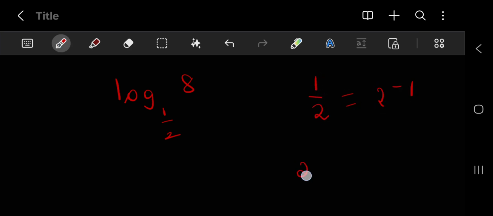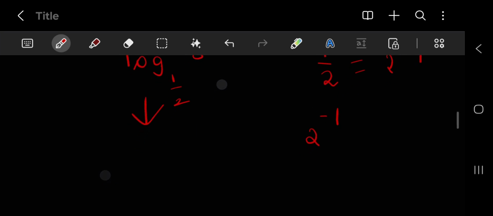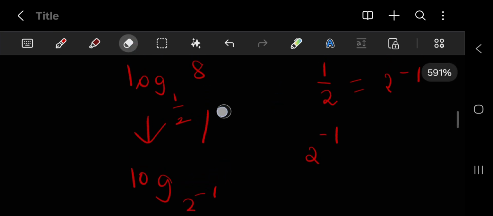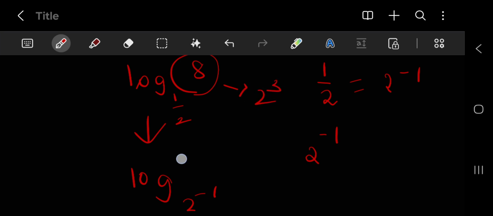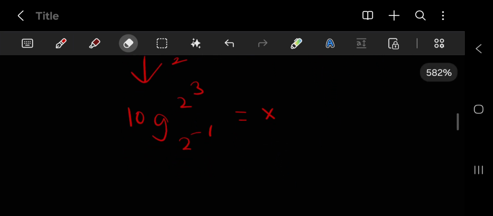Upon cancelling the bases, because the bases are the same, I can write minus 1 into x is equal to 3. I got minus 1 into x in that way because I know that a power m whole power n is equal to a power m into n. So 2 power minus 1 into x is equal to 2 power 3.